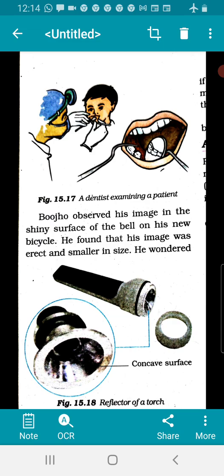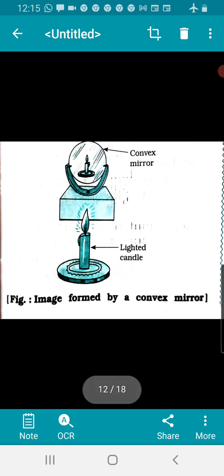So the next one we'll see is the convex mirror. Now how are the images formed in the convex mirror?